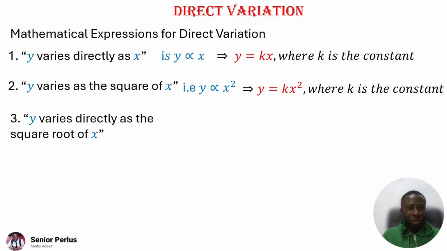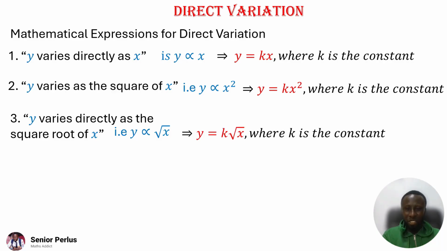The third one, y varies directly as the square root of s, and we all know what the square root is. So this is the mathematical form. Then we have to put it in an equation form where we have to introduce the k. So y equals k multiplied by the square root of s, where k is the constant of proportionality.